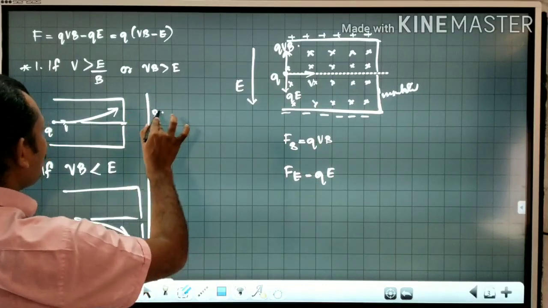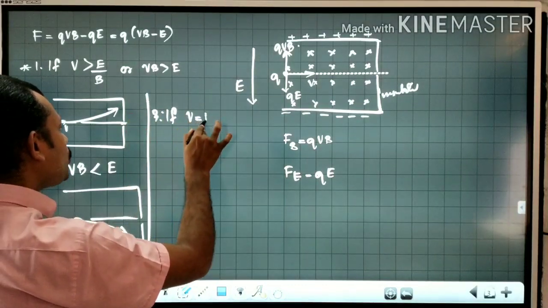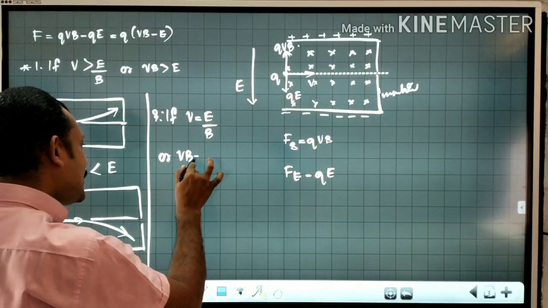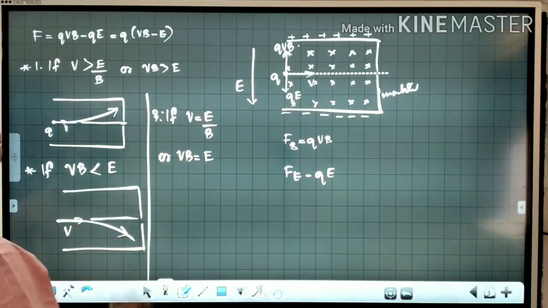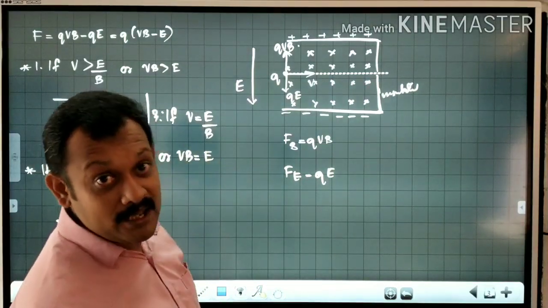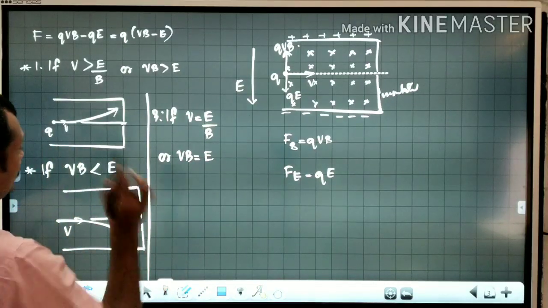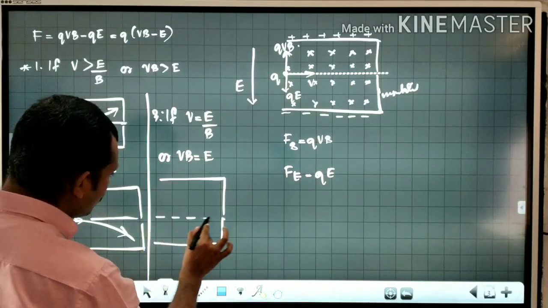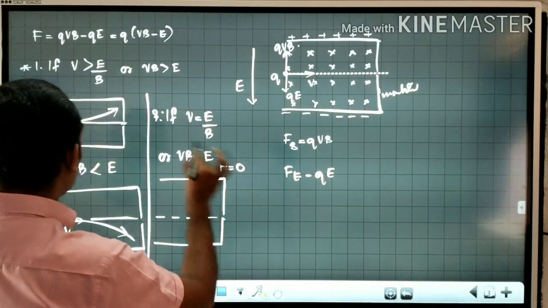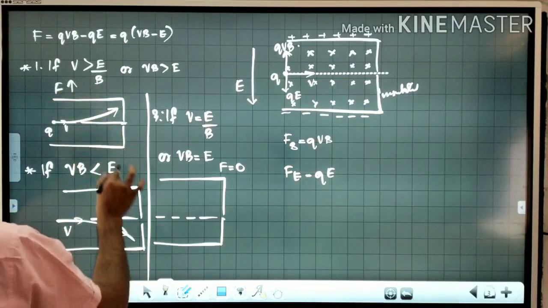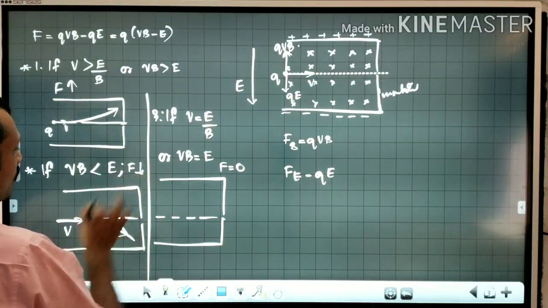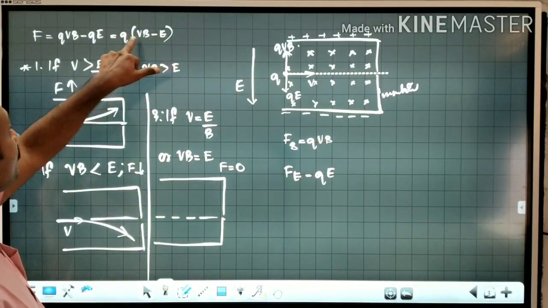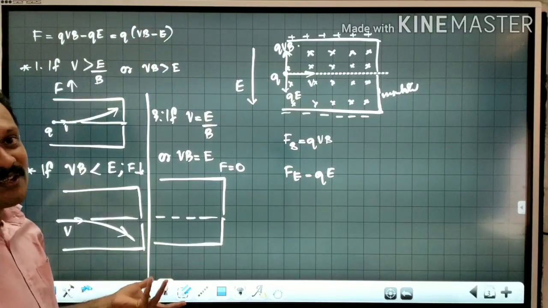Now the third case, if V is equal to E by B, or VB is equal to E. What does it mean? VB is equal to E means net force on the charged particle. Here the force is upwards, here the net force is downwards. What is the magnetic force here? VB is equal to E. VB and E are equal. VB minus E is equal to 0.